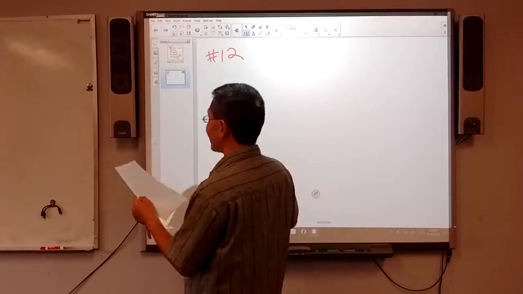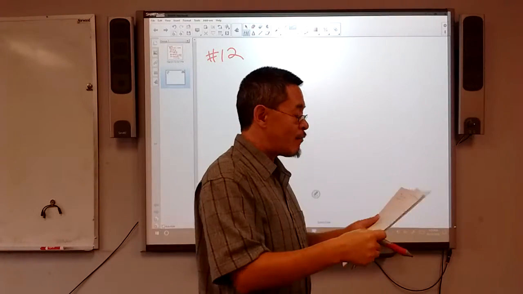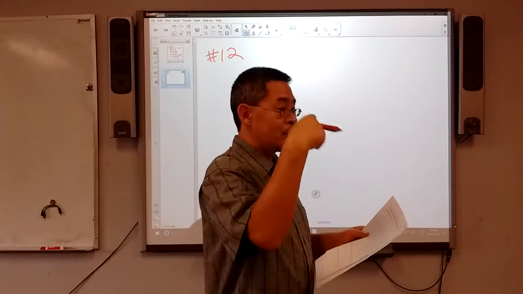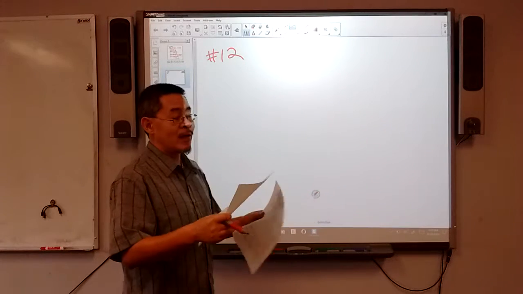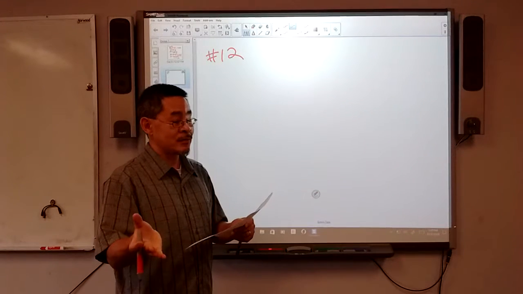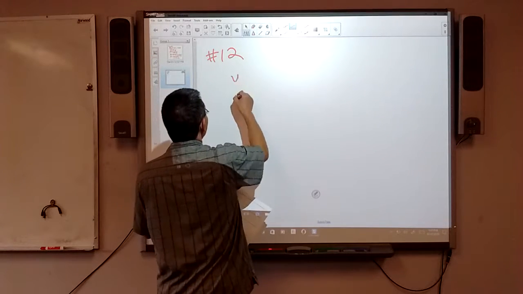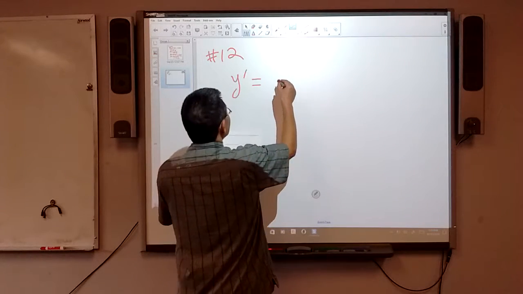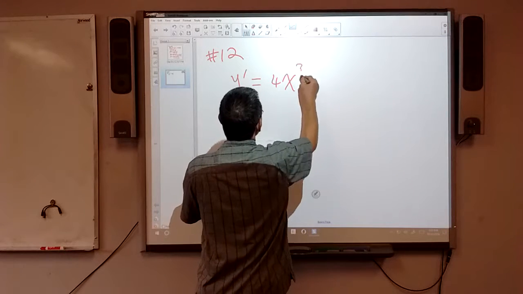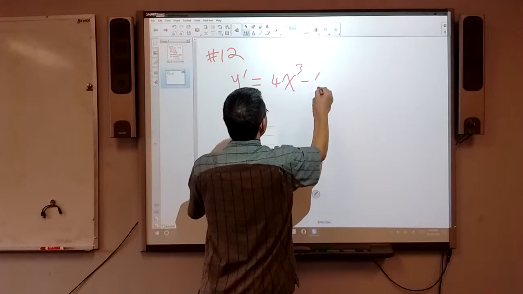So knowing that, we definitely can use the derivative we found in number 10, same function. So our y prime is 4x^3 minus 6x.